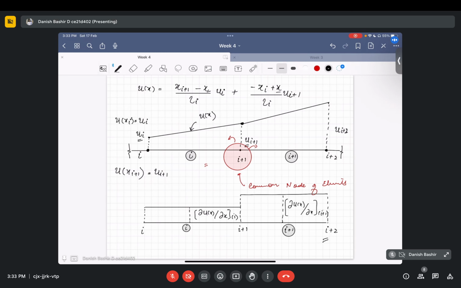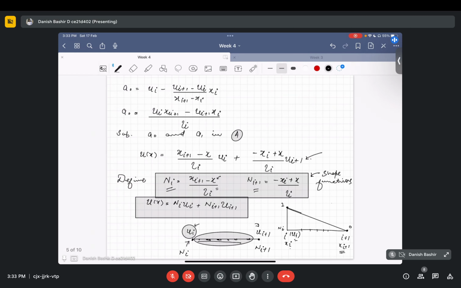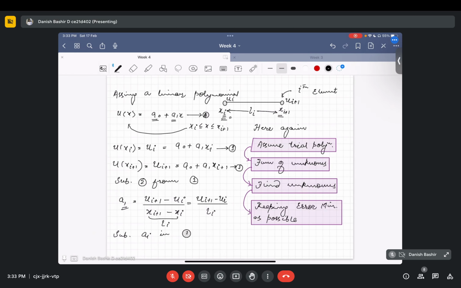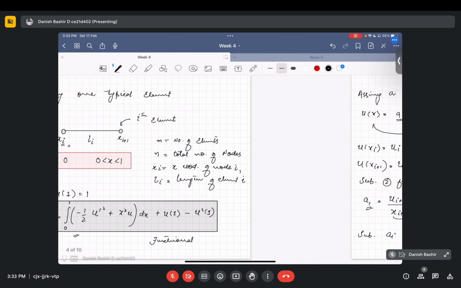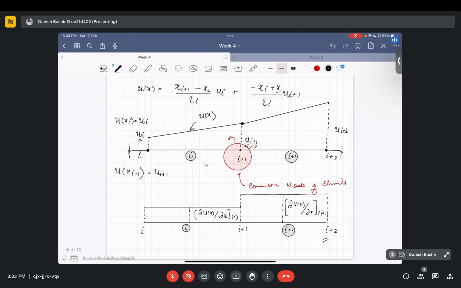Now what we can do is that we can solve the same functional, the functional that we have for this problem, this functional. We can solve this functional within the domain itself. Okay, small domains, and then we can obtain the value of all the nodal parameters, that is ui plus 1, ui plus 2, and then we can interpolate within the function with the help of the shape functions to see the variation of this solution.